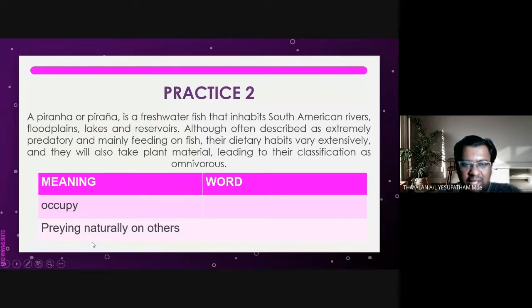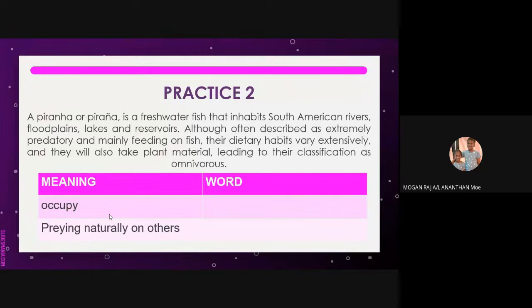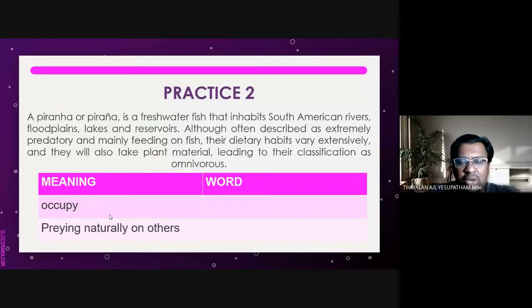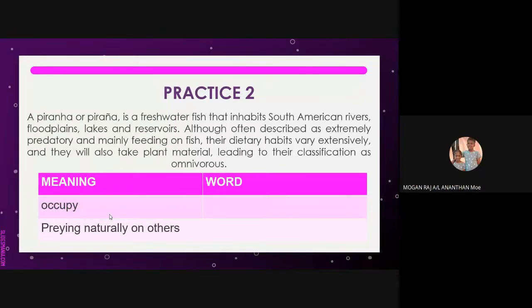Okay. Now, occupy is the first word. The second word is preying naturally on others. Which word do you think means occupies? Occupy is to stay. Predatory. No. Extensively.